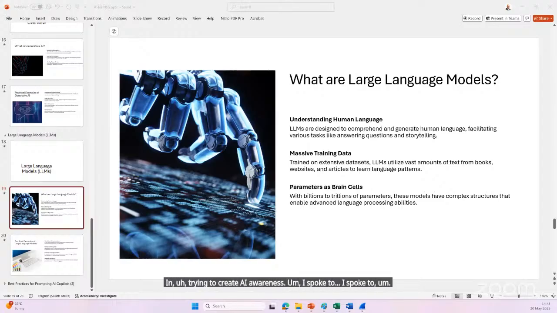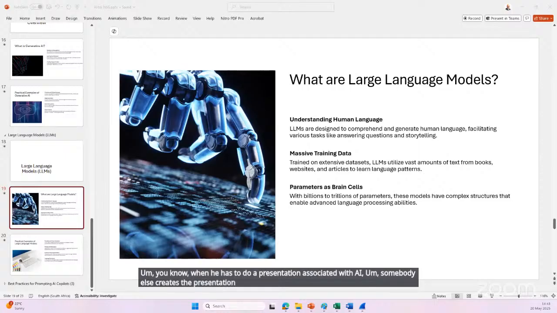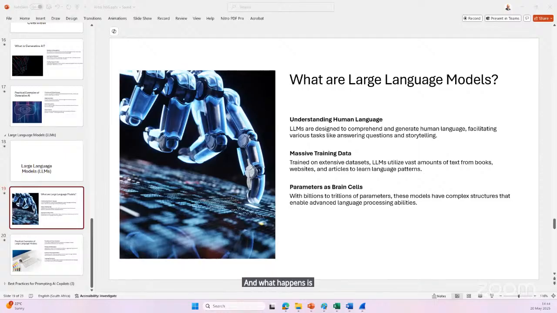a premier of one of our provinces, and he was very forthcoming. When he has to do a presentation associated with AI, somebody else creates the presentation for him, and he simply learns it.